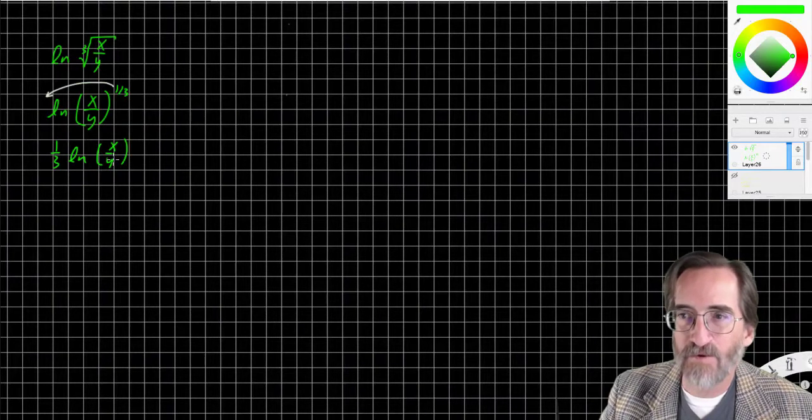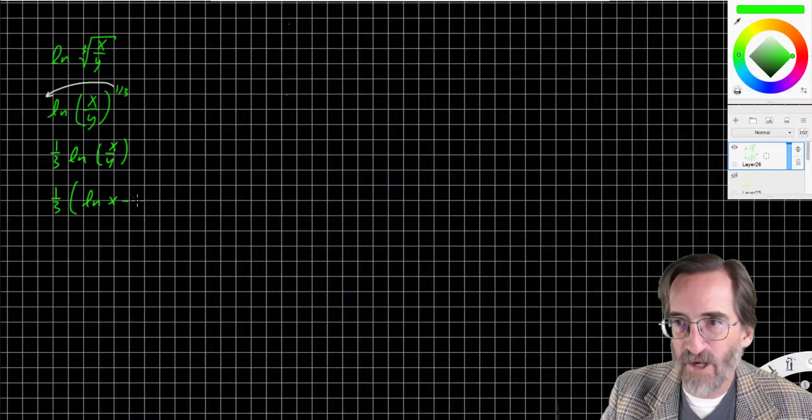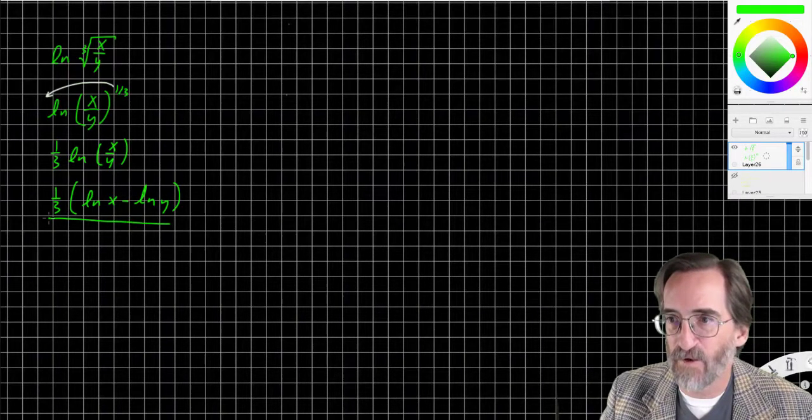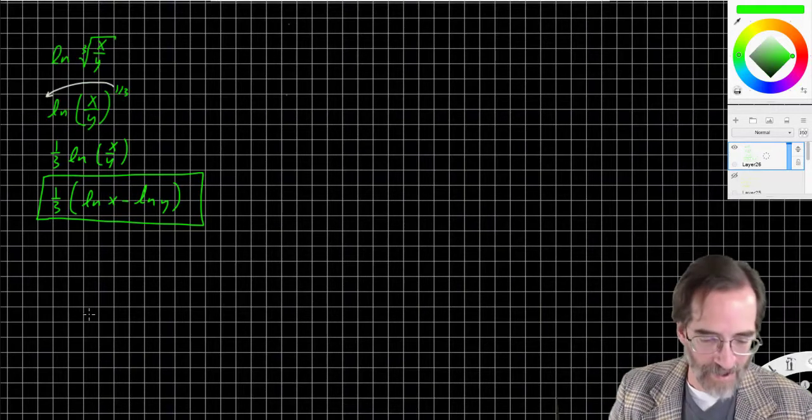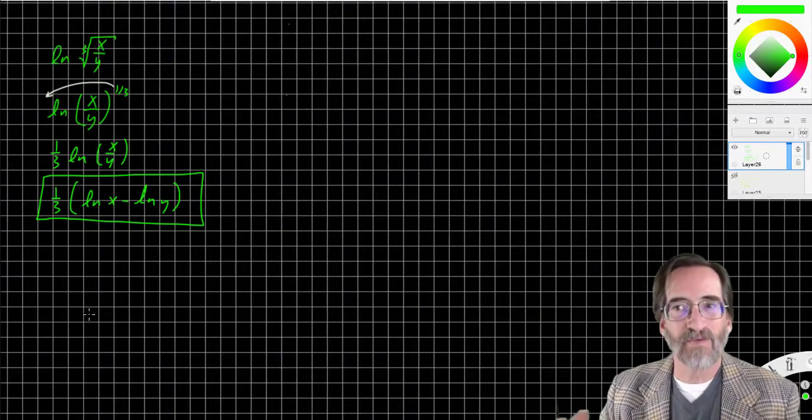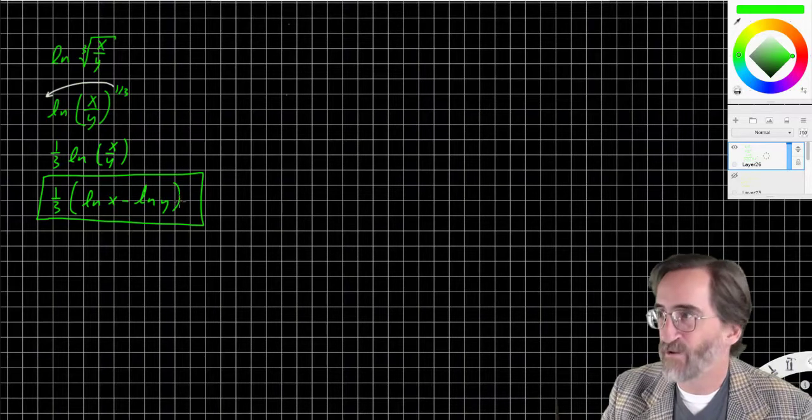And now I'm going to use the quotient rule. The log of a quotient is the difference of logs. So 1/3 times ln x minus ln y. Now I can distribute the 1/3, or I can just leave it like this. I'm going to leave it like this because it doesn't simplify it to distribute. So that's expanding it out.